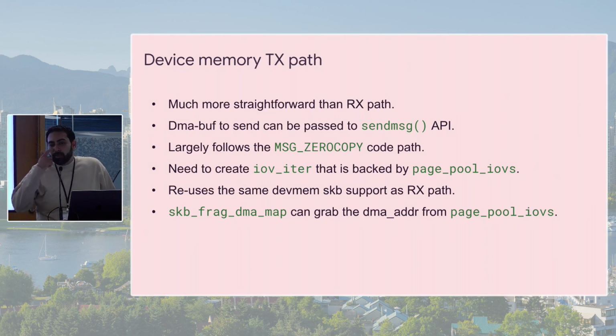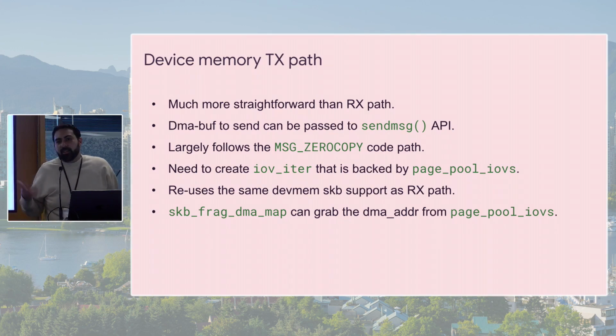The TX path for device memory TCP is much simpler. The plan roughly is to create APIs to sendmsg where you can pass the dmabuf into the sendmsg API. And from there, it largely follows the zero copy TX code path in the kernel. The zero copy TX, of course, doesn't copy, but it also mostly doesn't access the payload behind it.